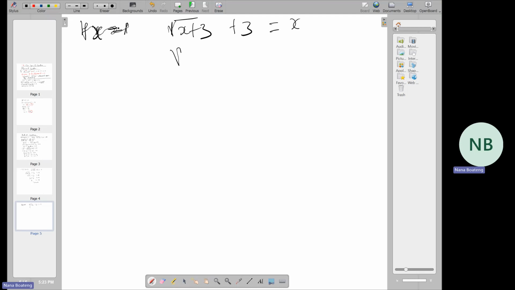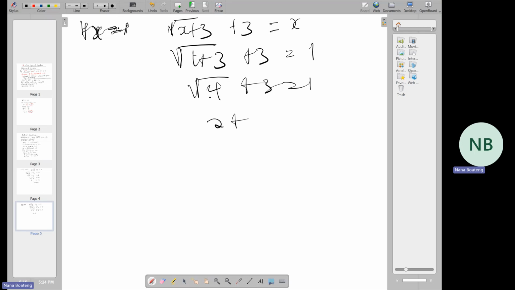So we get square root of 1 plus 3 plus 3 is equal to 1. So this becomes square root of 4 plus 3 is equal to 1. Square root of 4 is 2. So we have 2 plus 3 equals 1. So we have 5 is equal to 1, which is false.